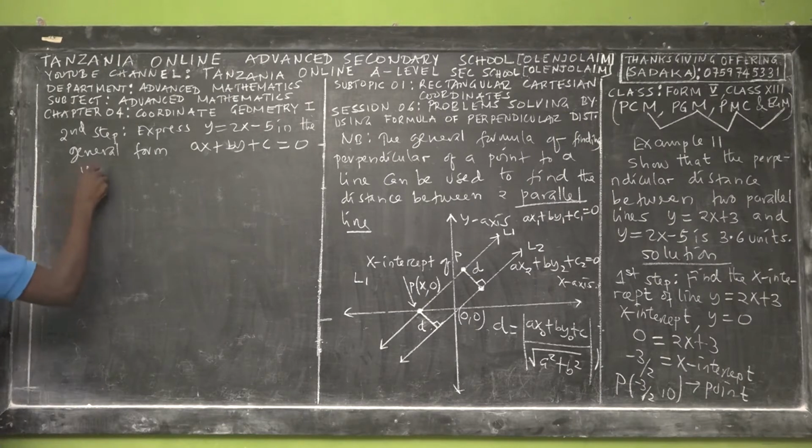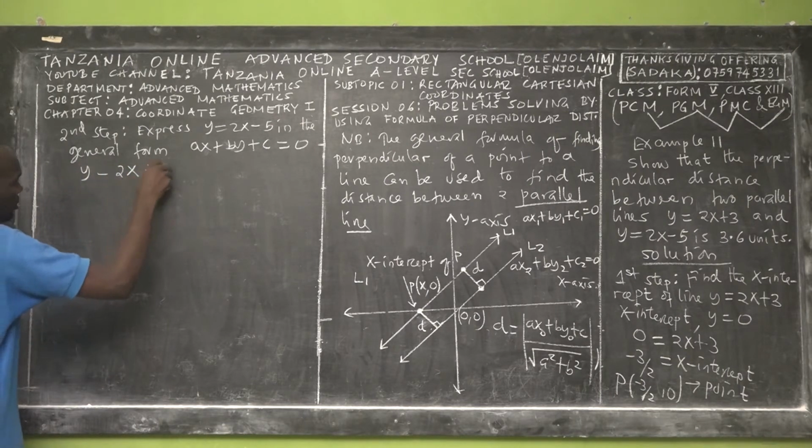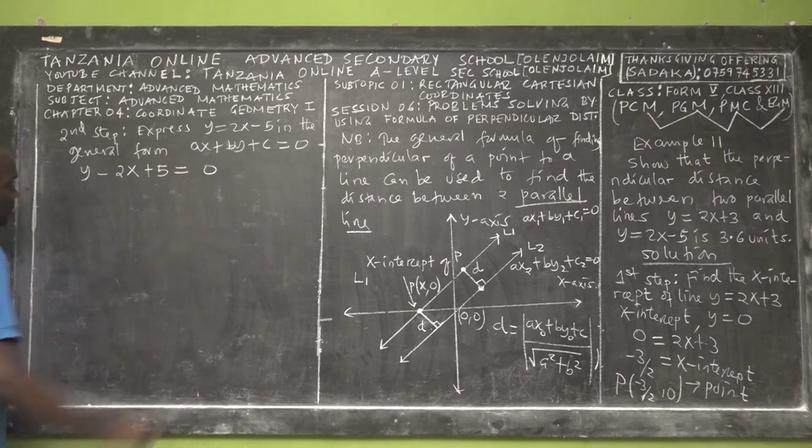So this is y minus twice x plus 5 is equal to 0.